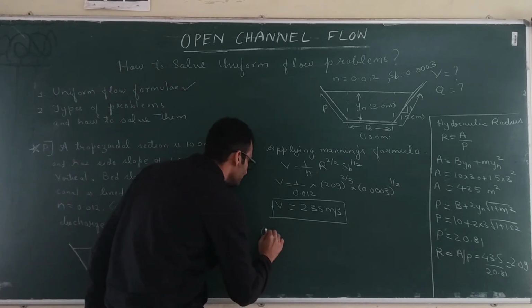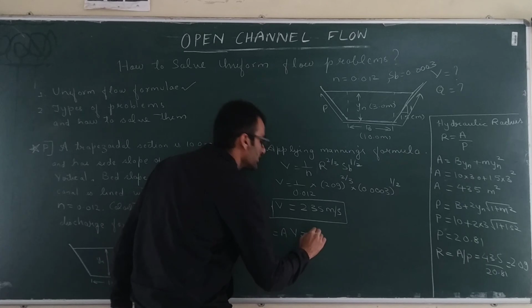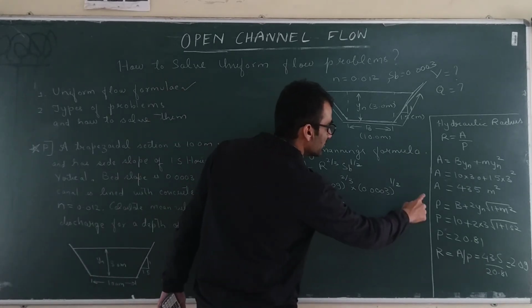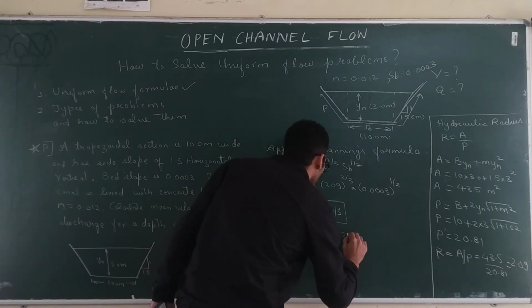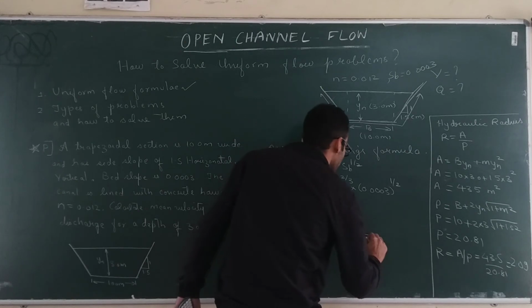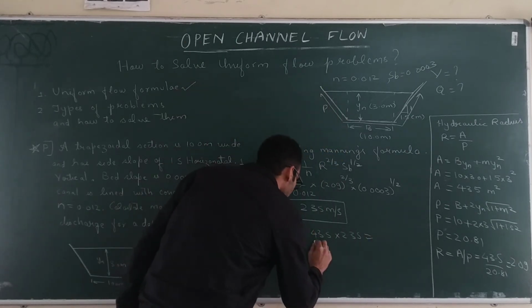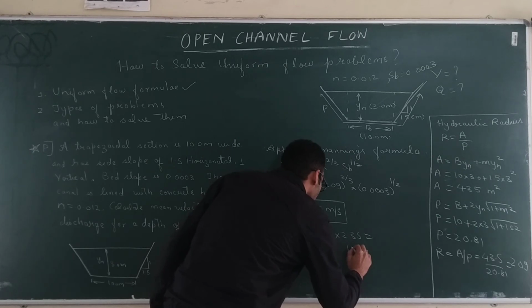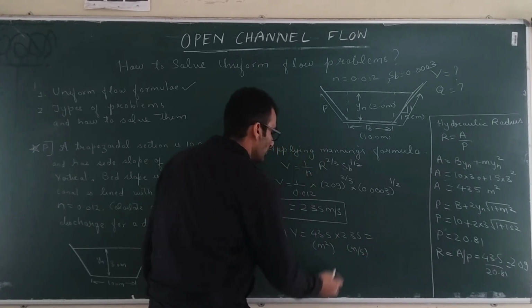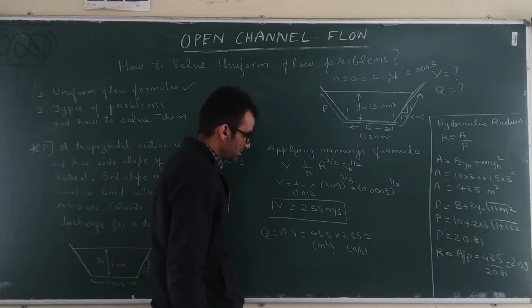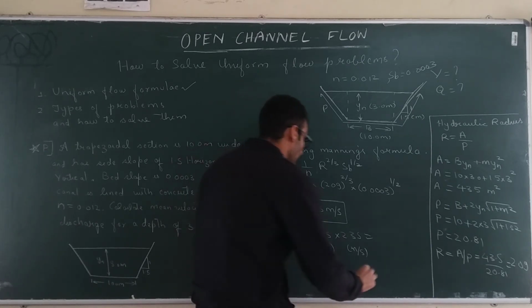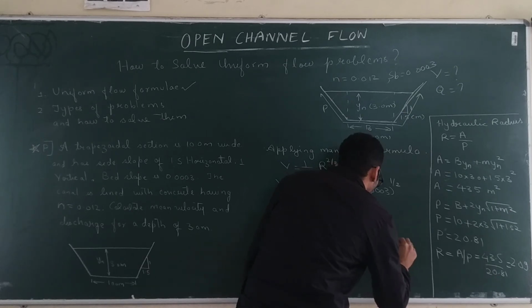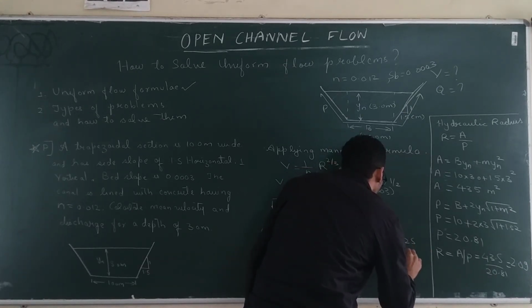Now discharge will be simple: flow area into average velocity. Flow area we know is 43.5 meters square into velocity 2.35 meters per second. So we are getting volume per unit time, discharge, that is 2.35 into 43.5, which is 102.225 meter cube per second.